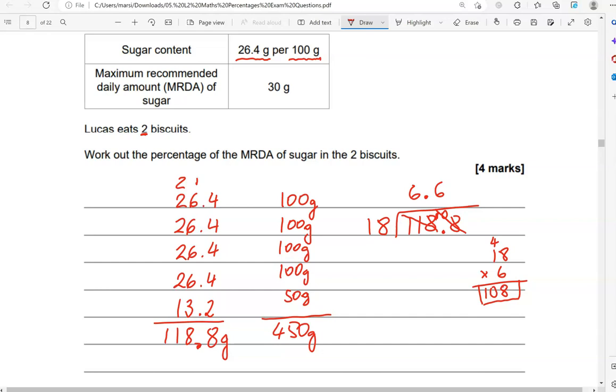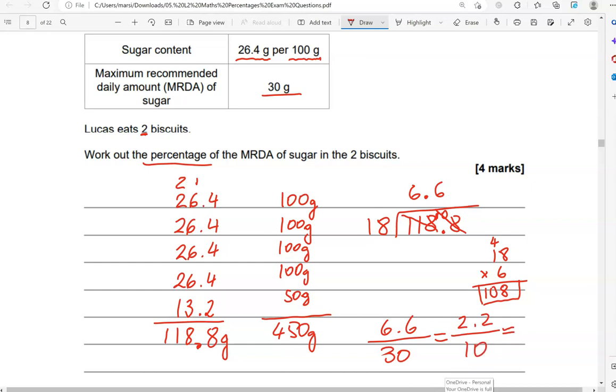So 6.6 out of the 30 grams, that's the recommended daily allowance, the maximum recommended daily allowance, because we need to work it out as a percentage. Okay, so what I'm going to do is divide both numbers by 3, so I get 2.2 out of 10.